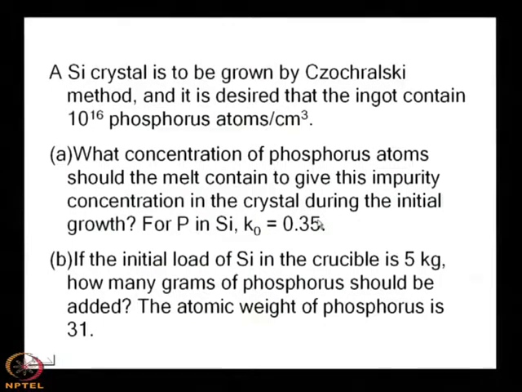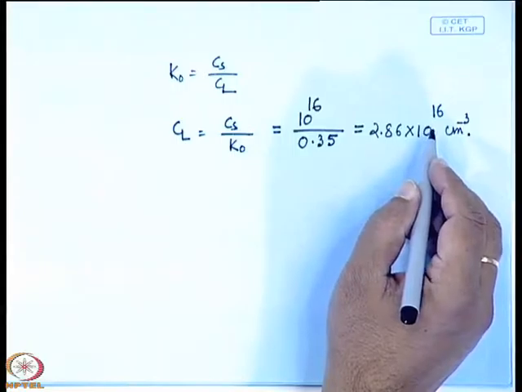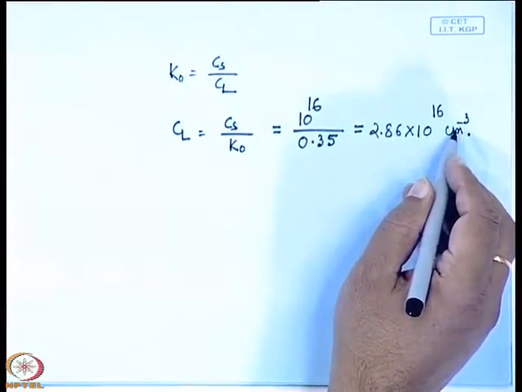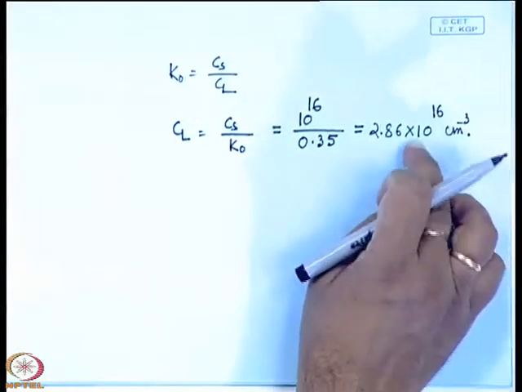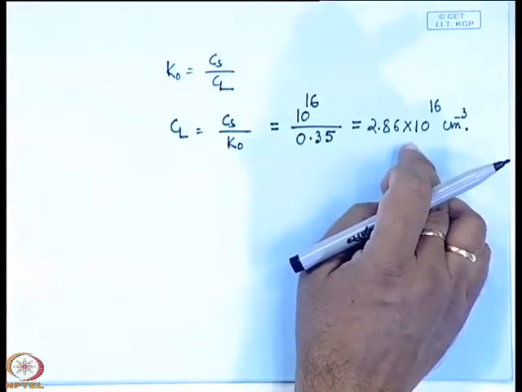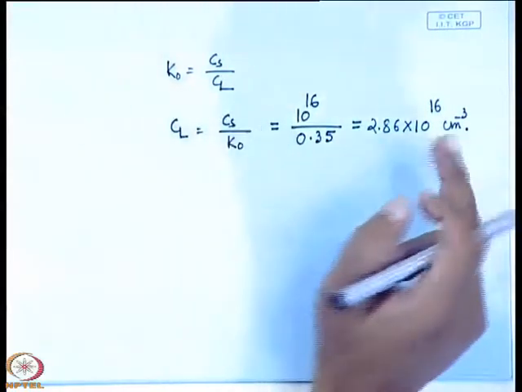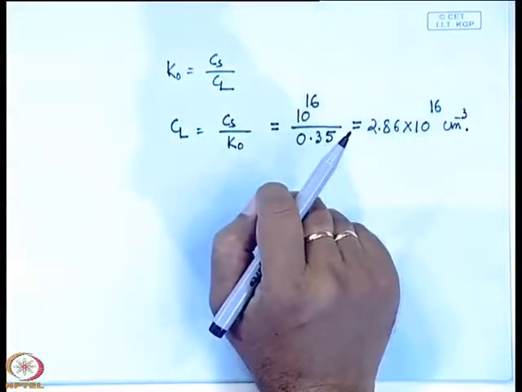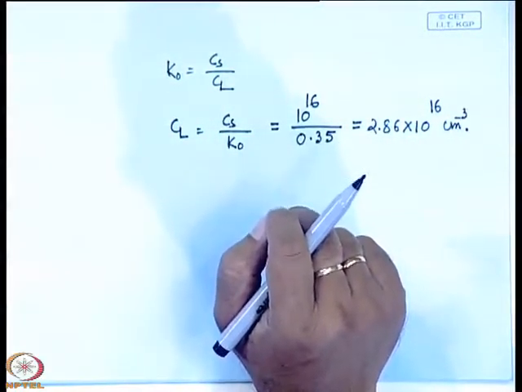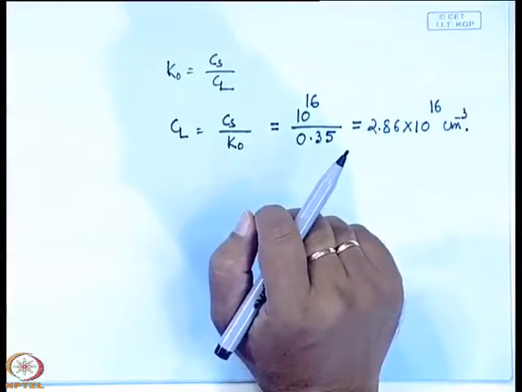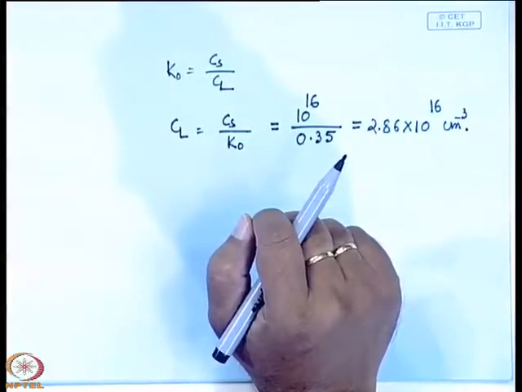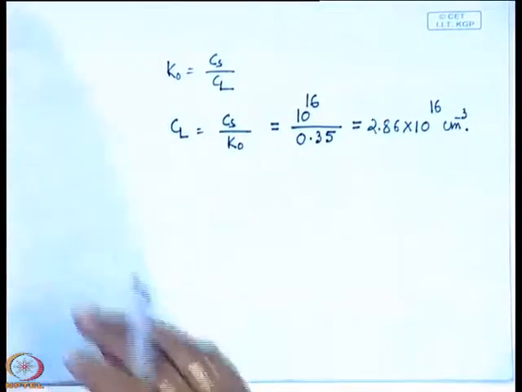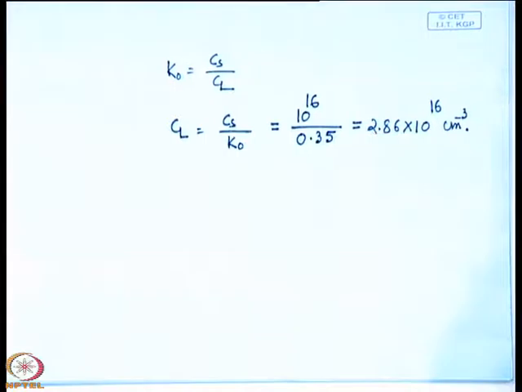So, the melt must be 2.8 into 10 to the power 16 centimeter cube inverse, right. So, you see that the melt contains more phosphorus than the ingot. The melt contains 2.86 into 10 to the power 16. The ingot contains 10 to the power 16, that means almost 1/3. So, 2/3 of the phosphorus is rejected in the melt itself, right.